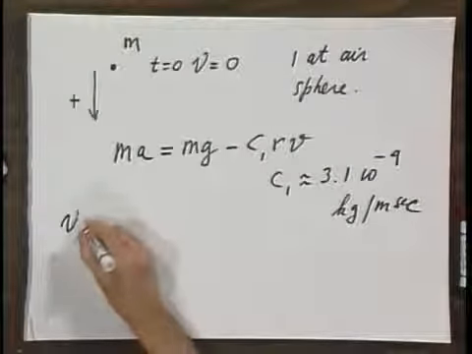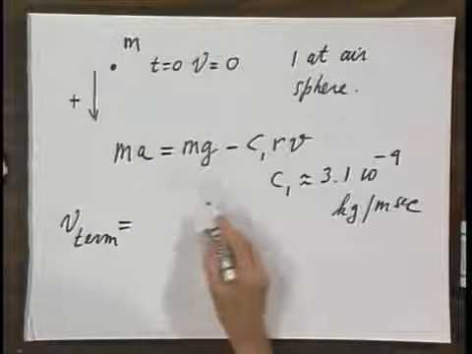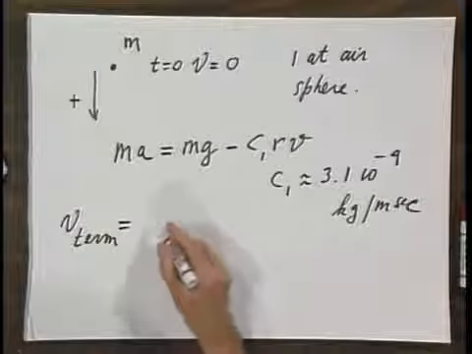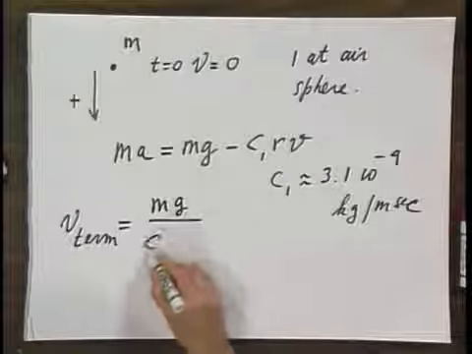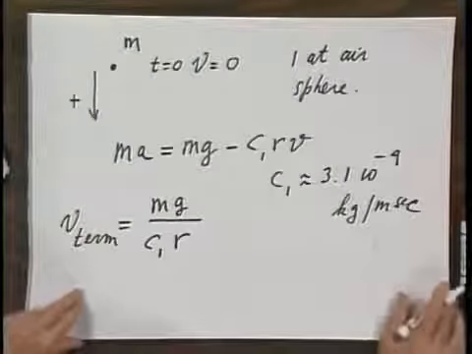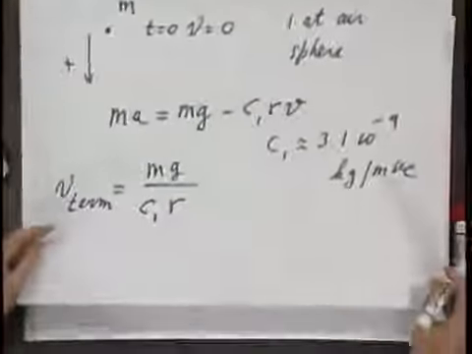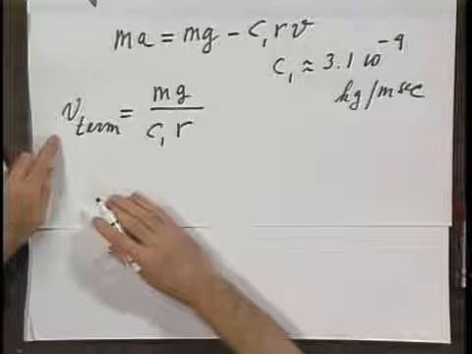And the terminal velocity, which we discussed earlier in a different segment, is when a becomes 0. The terminal velocity therefore equals mg divided by C1r. This terminal velocity is reached after a certain amount of time.